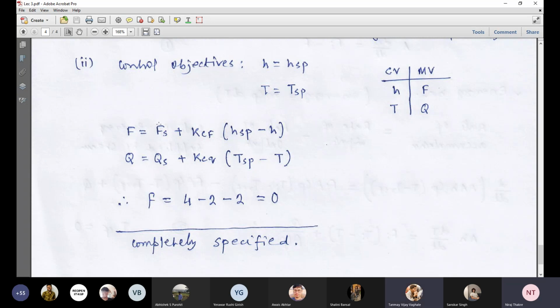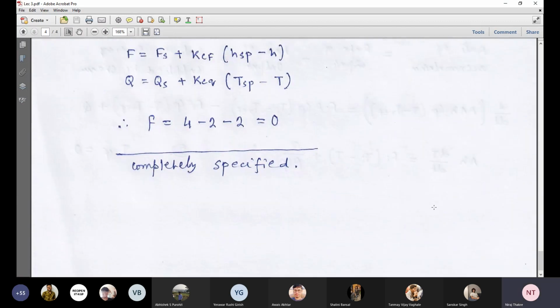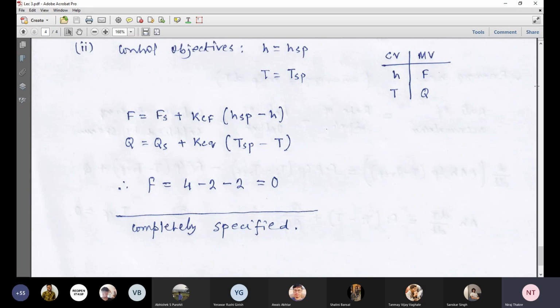This is the steady state value of F, and this is the steady state value of Q. Similarly, these are also constants, and you need to determine them by employing certain tuning methods, which we'll discuss in this course itself. Any other question? If not, we'll consider another example.